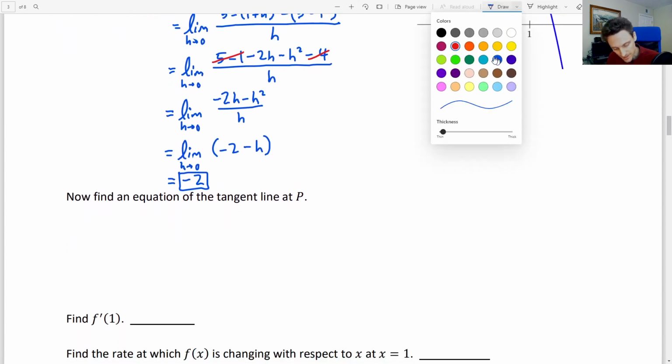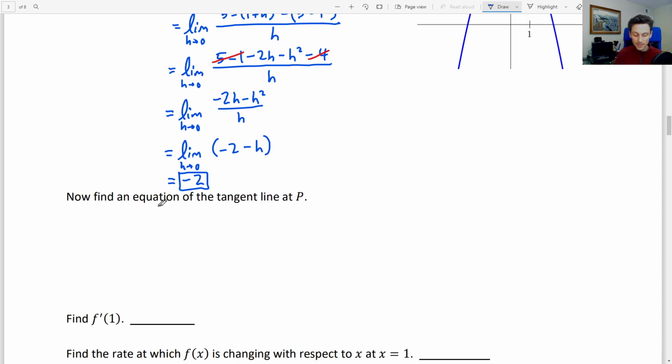Now the next question is, find an equation of the tangent line at P. Well, we have the point that the tangent line goes through. It's 1, 4. That was just P. We have the slope of the tangent line that we figured out a moment ago. That's negative 2.